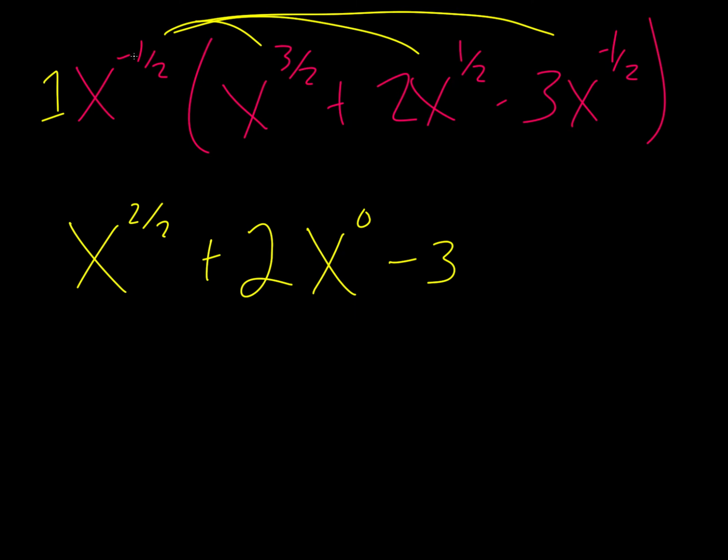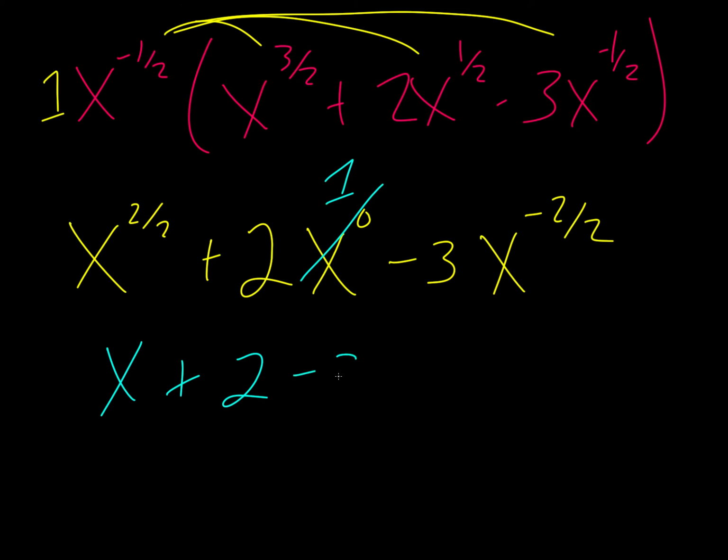And then negative 1/2, negative 1/2, if we add those together, we get negative 2/2. All right. So 2 over 2 is 1, so that's really just x. X to the 0, this entire thing is just 1. So 1 times 2 is 2. And then this one is going to be x to the negative 1.